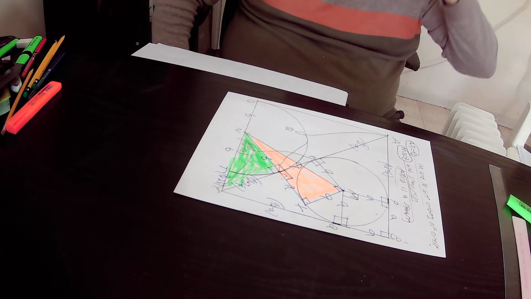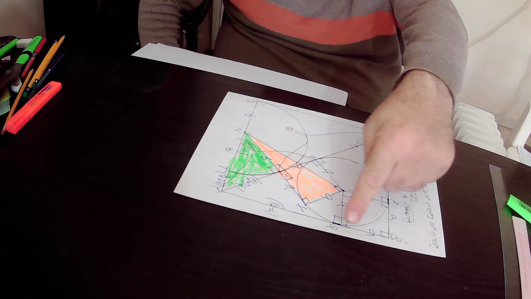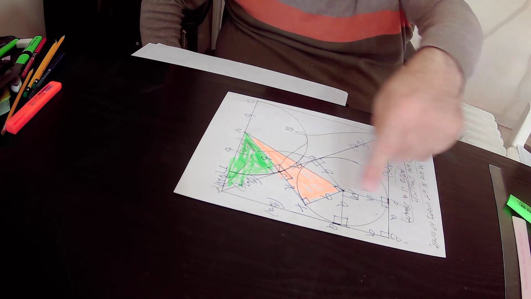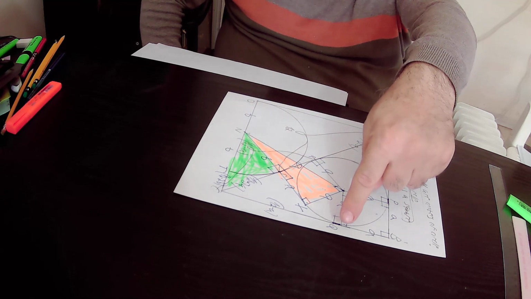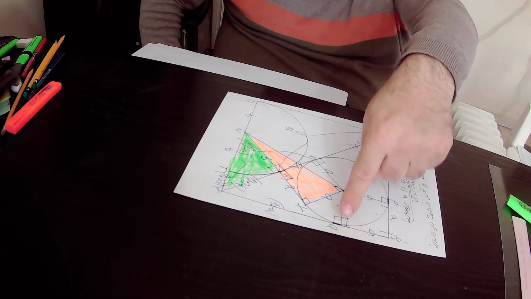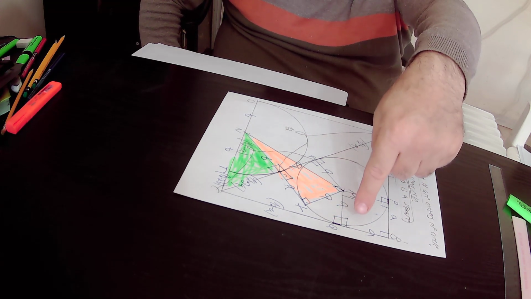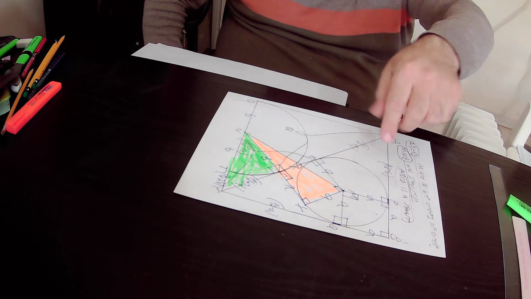Whenever you have a radius that is drawn to the point of tangency, then the tangent will be perpendicular to the radius. In this case, the tangent BC will be perpendicular to the radius QM. So BC is perpendicular to QM, that is to say this angle equals 90 degrees, and this angle will also equal 90 degrees.